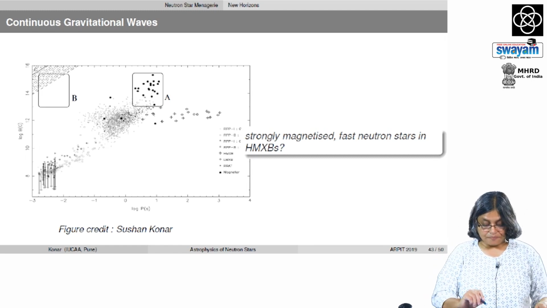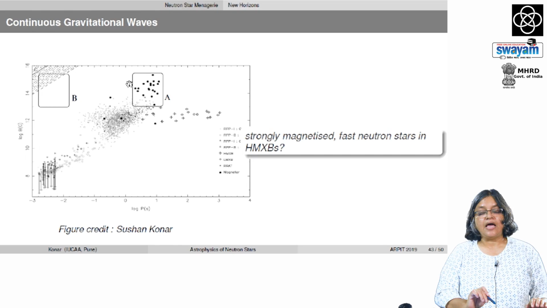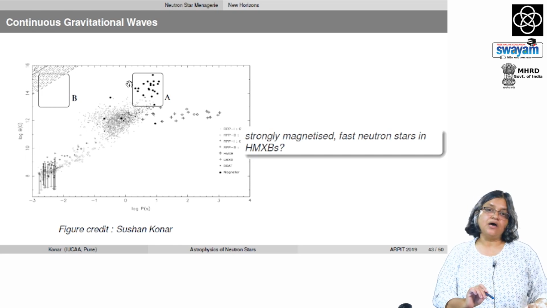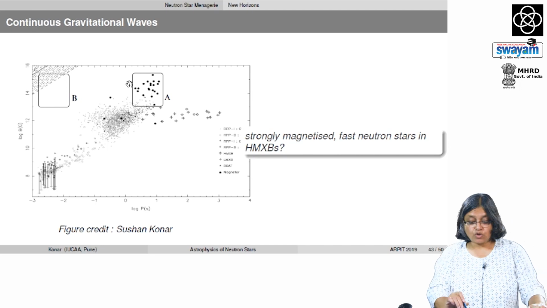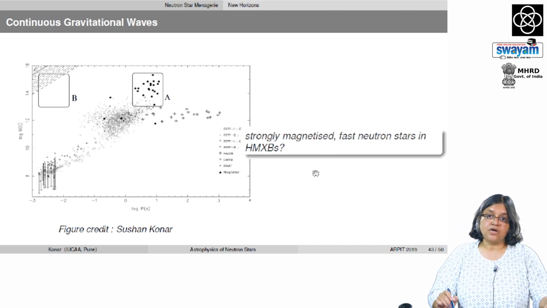Now, if magnetars are born spinning very fast, and on top of that they are sitting in an HMXB where accretion column heights would be largest, then we can have strongly magnetized, very fast neutron stars in HMXBs.